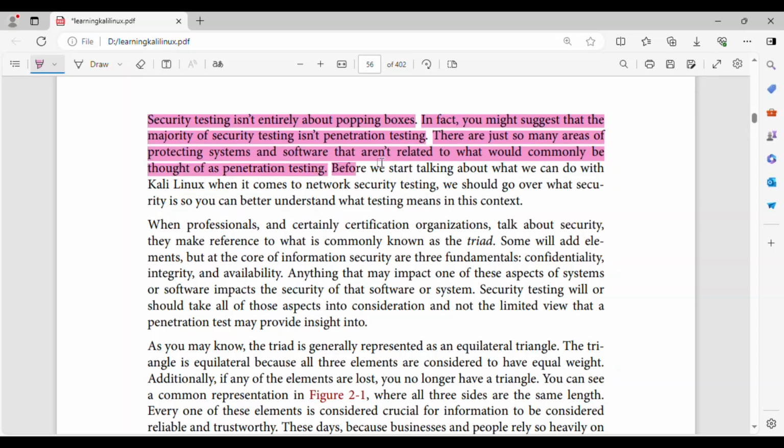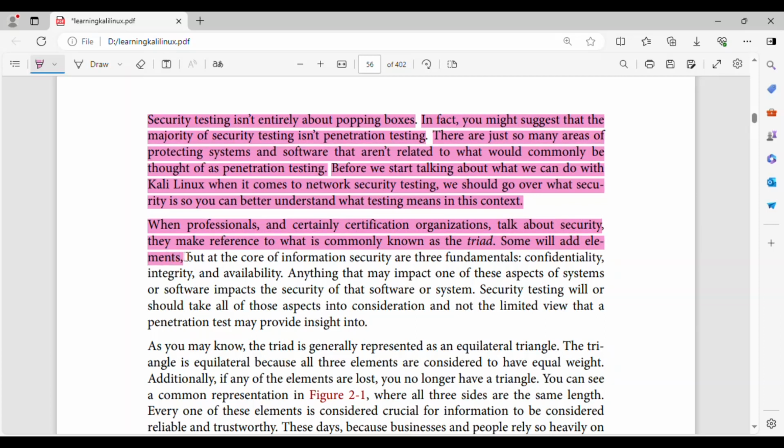Before we start talking about what we can do with Kali Linux when it comes to network security testing, we should go over what security is so you can better understand what testing means in this context. When professionals, and certainly certification organizations, talk about security, they make reference to what is commonly known as the triad.